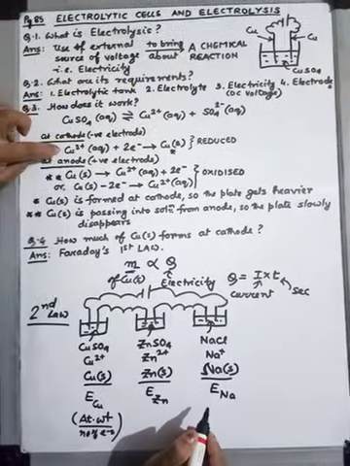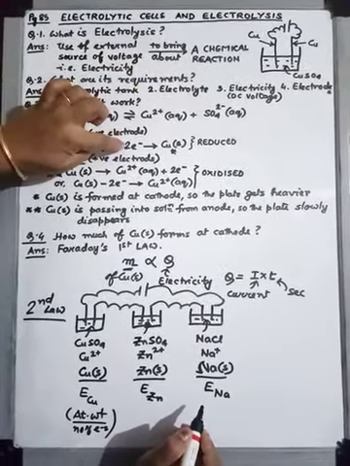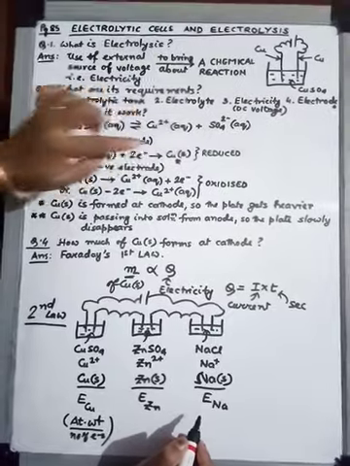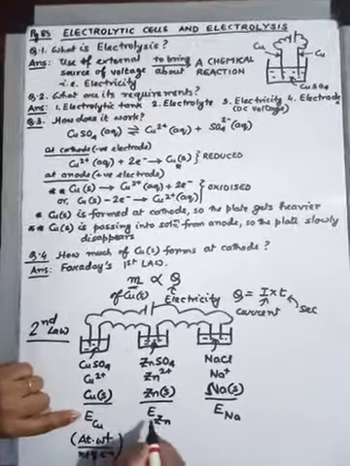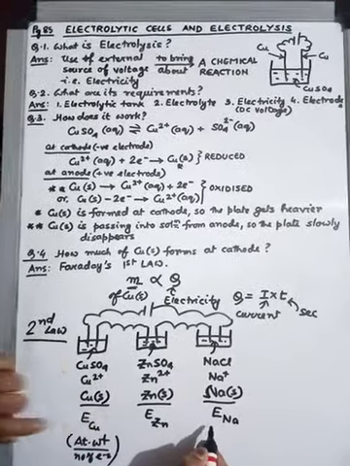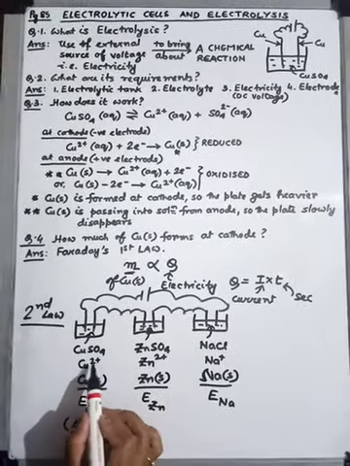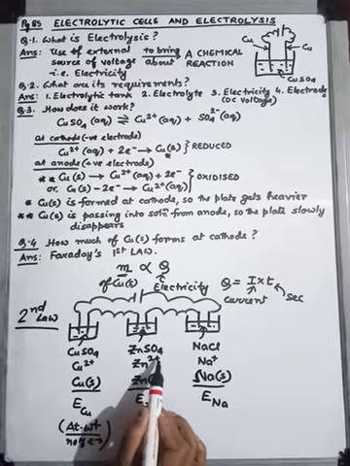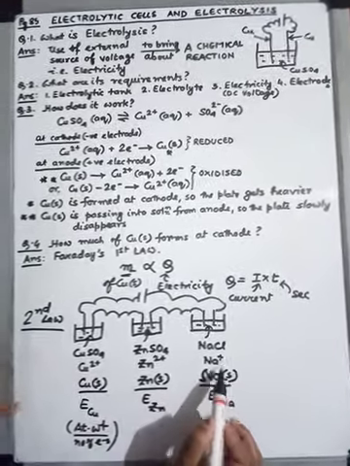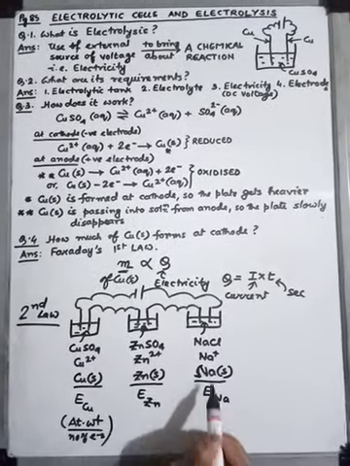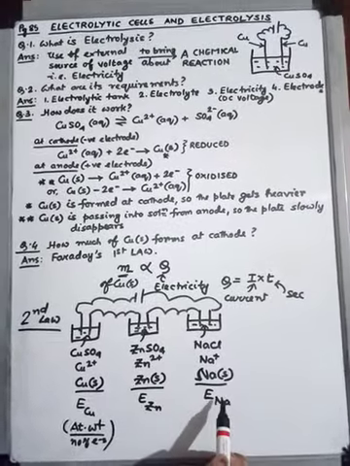So we will take the atomic weight of copper and divide it by 2 because 2 electrons are being transferred. So we get the equivalent weight of copper. So for all these cases we will calculate in exactly the same way. Cu2+ will require 2 electrons, Zn2+ will require 2 electrons, but Na+ will require 1 electron. So atomic weight and equivalent weight is the same because it will be divided by 1.